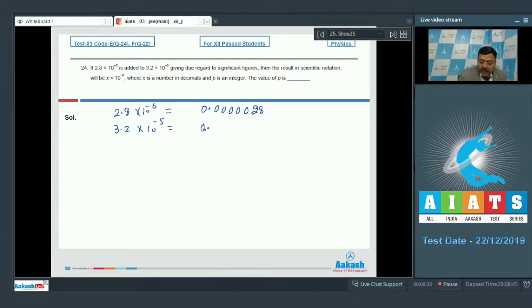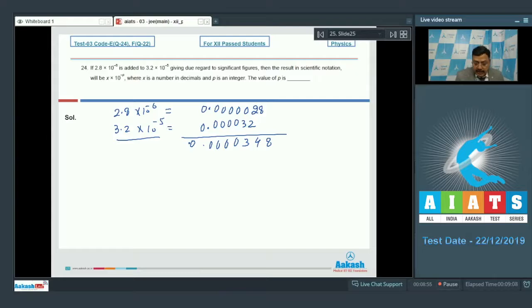So that means it is equal to 0.000032, and if we add the 2, we get 8 here, and then it is 4, it is 3.